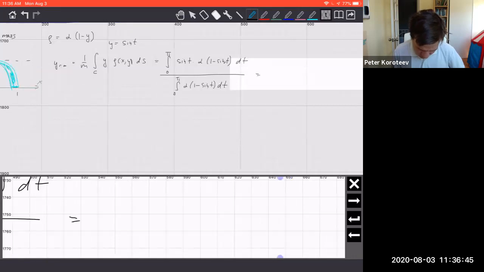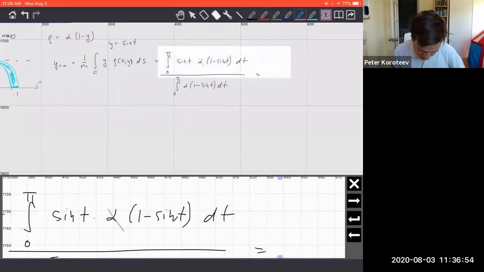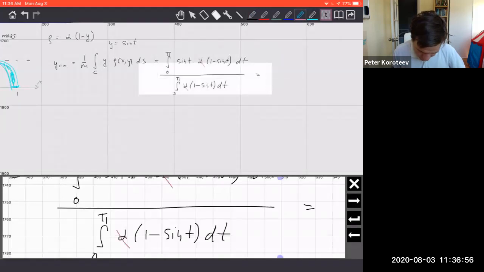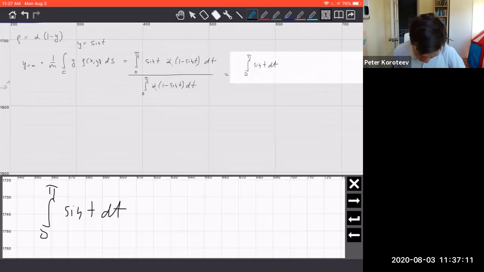Let's do them both at the same time. Alpha clearly cancels, since the result should not depend on this proportionality coefficient. Then we have the integral from 0 to pi of sine t dt minus the integral from 0 to pi of sine squared t dt.